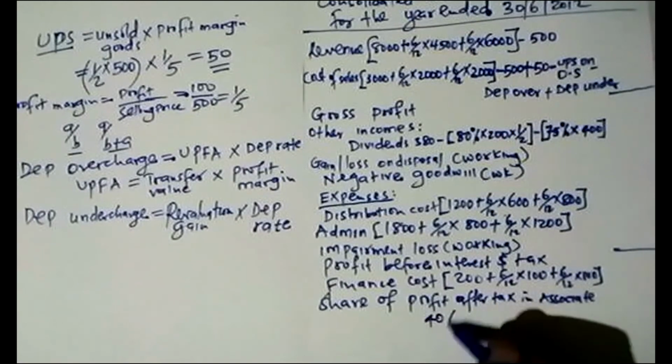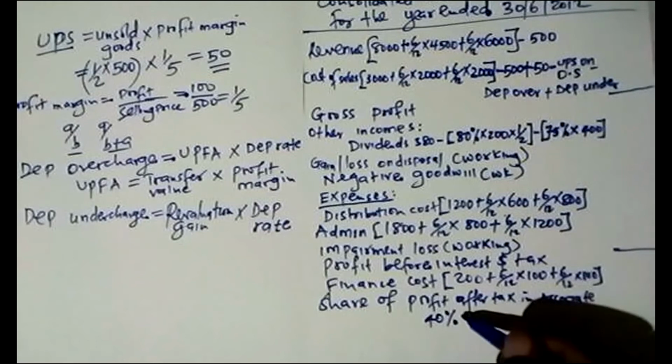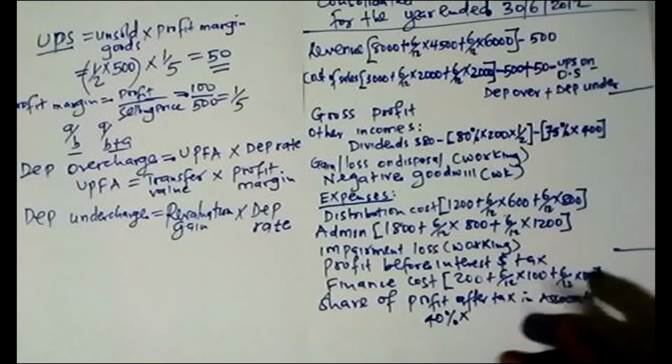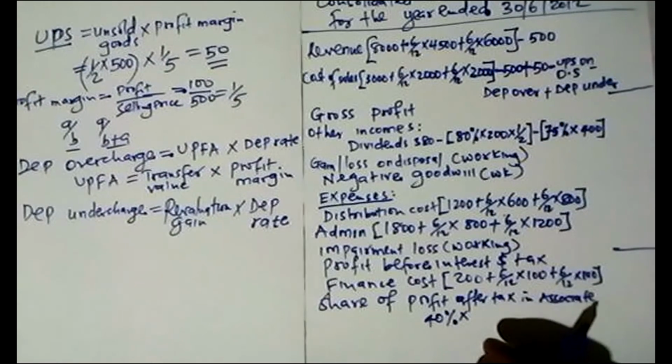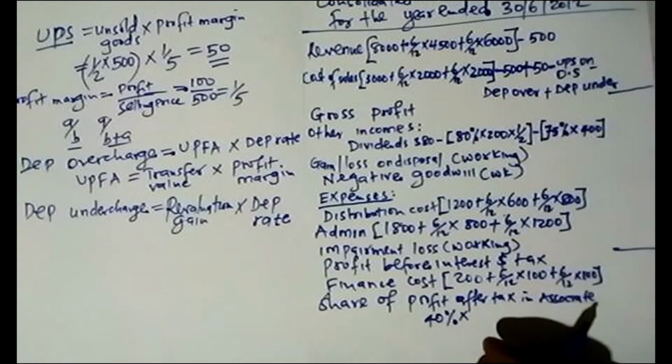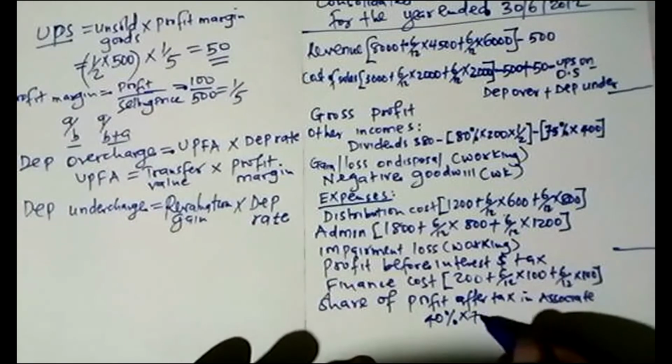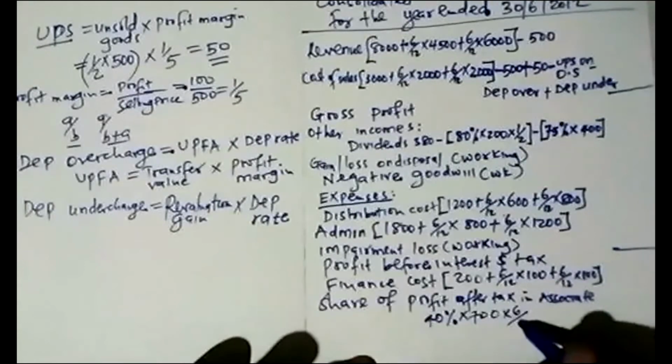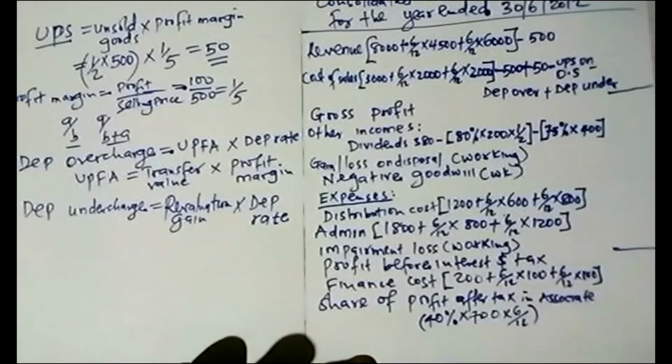So it was 40% of the profit after tax of Shika, but I will apportion it for the last 6 months. So it was 700. So we take 700, but now for the last 6 months, that is what the parent will get.